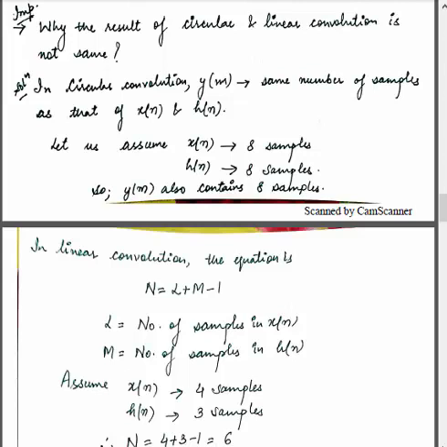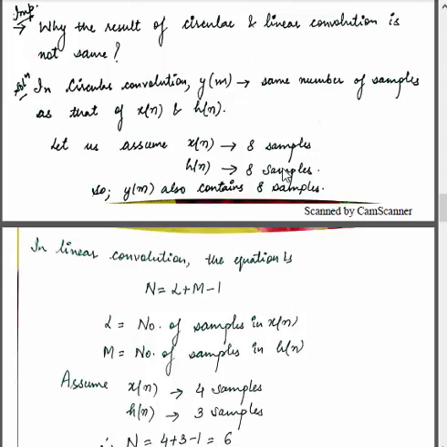In circular convolution, y of n as output has the same number of samples as x of n and h of n, which are the two input sequences. So let us assume x of n has 8 samples and h of n also has 8 samples. Then the output y of n also contains 8 samples.